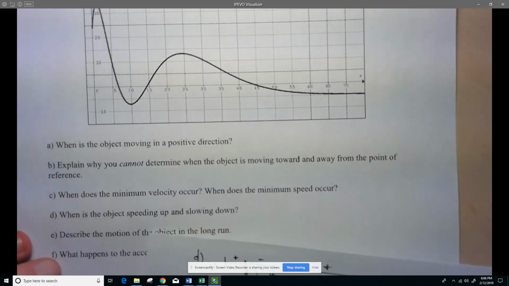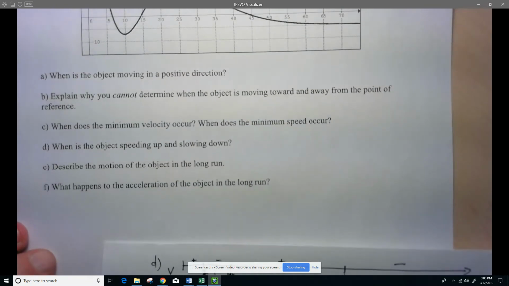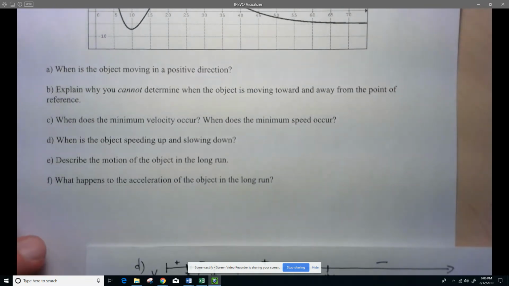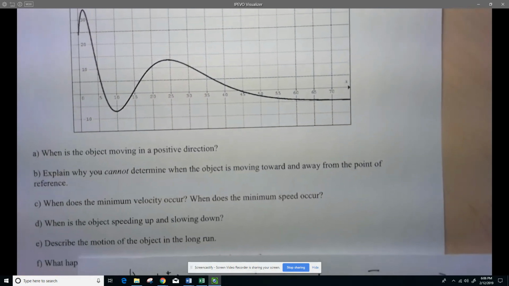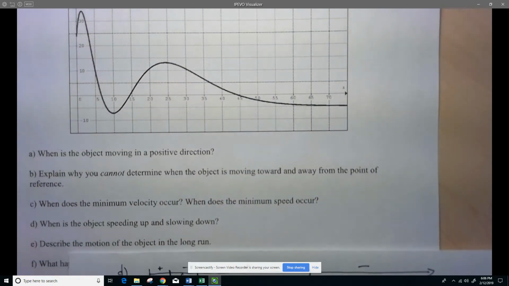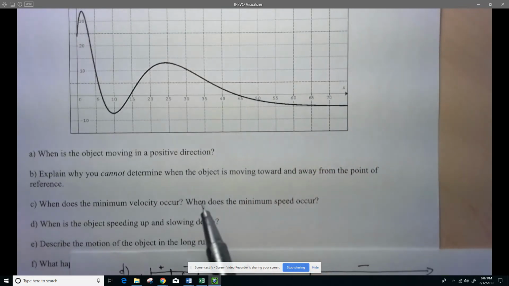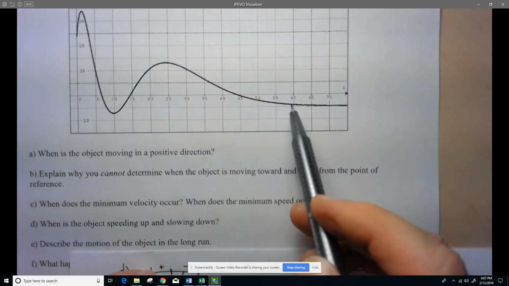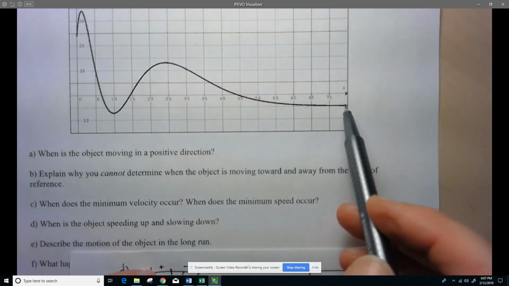All right, let's take a look at E. E is saying describe the motion of the object in the long run. All right, so when you see words again like in the long run, they're essentially saying end behavior. So as time gets really, really large, what can we say here? Well, we see that the velocity seems to be approaching a constant value of -1 meters per second.